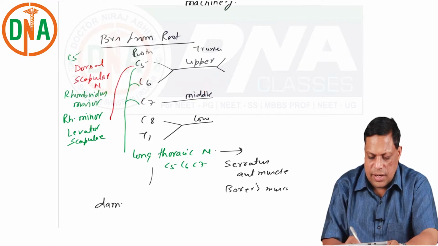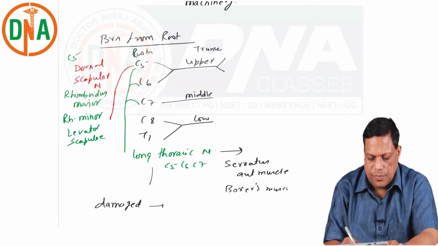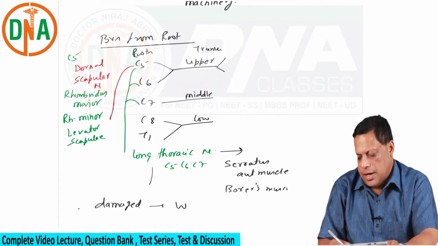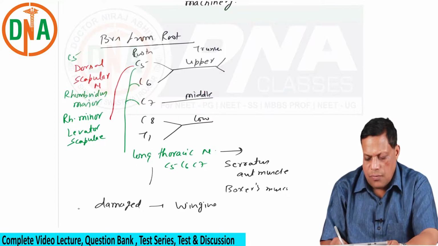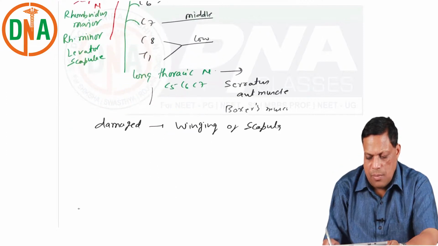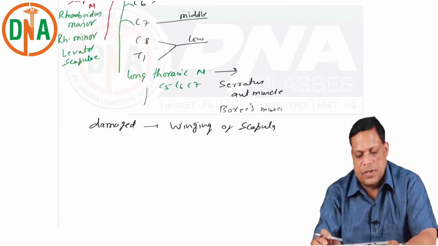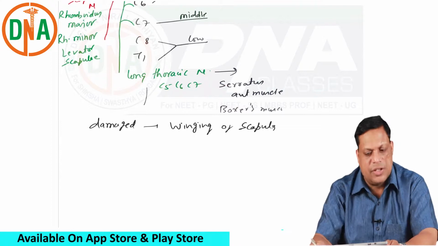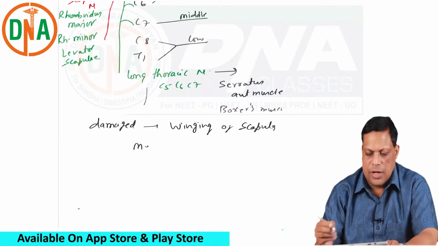If the long thoracic nerve is damaged, then what will happen? It leads to the winging of the scapula. The name of the deformity is winging of scapula when the long thoracic nerve is damaged. What is the winging of scapula?